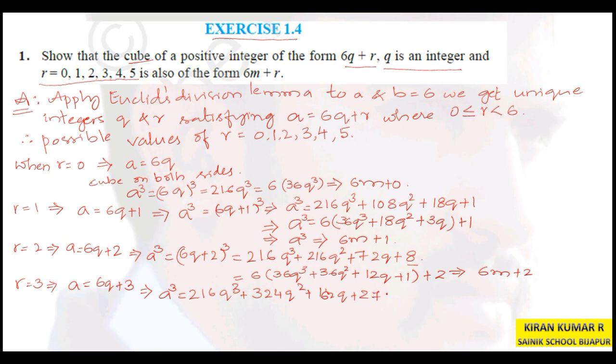This 27 can be written as 24 plus 3, so that 6 can be taken common, and we get 6 times of 36q cube plus 54q square plus 27q plus 4 plus 3 is like 6m plus 3 form.